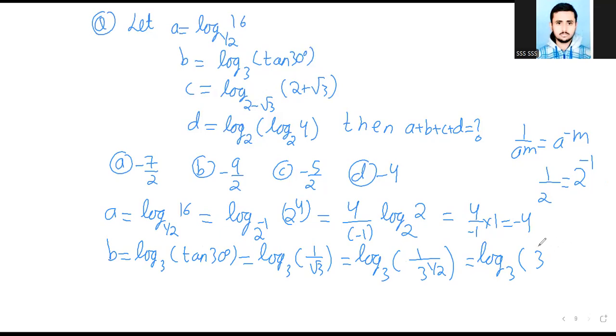So we get 3 raised to the power minus 1 by 2. Now, the power of minus 1 by 2 gets converted into multiplication. So you get minus 1 by 2 log of 3 base 3. So we get minus 1 by 2 into 1 is equal to minus 1 by 2.